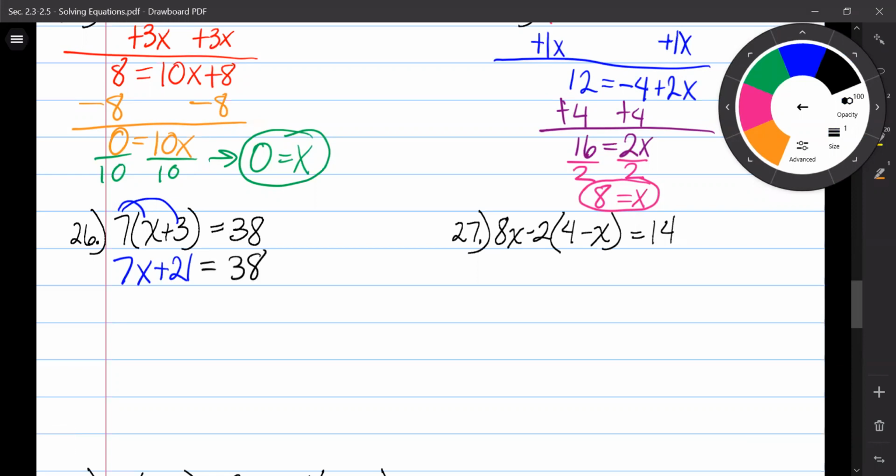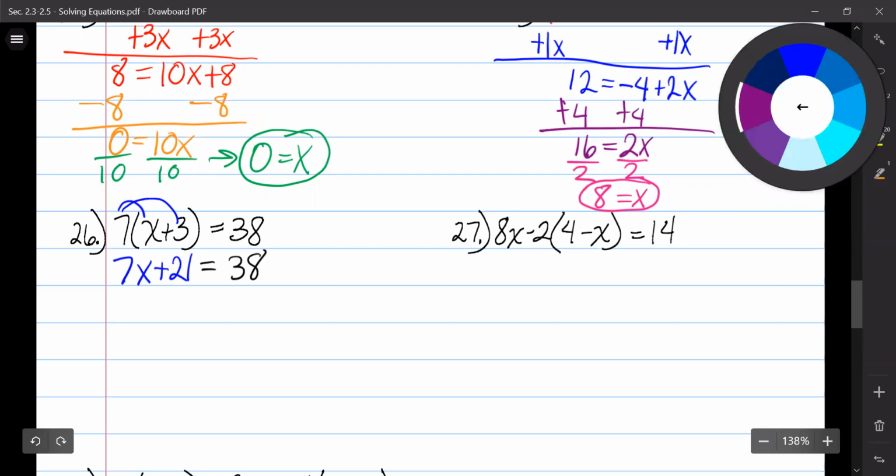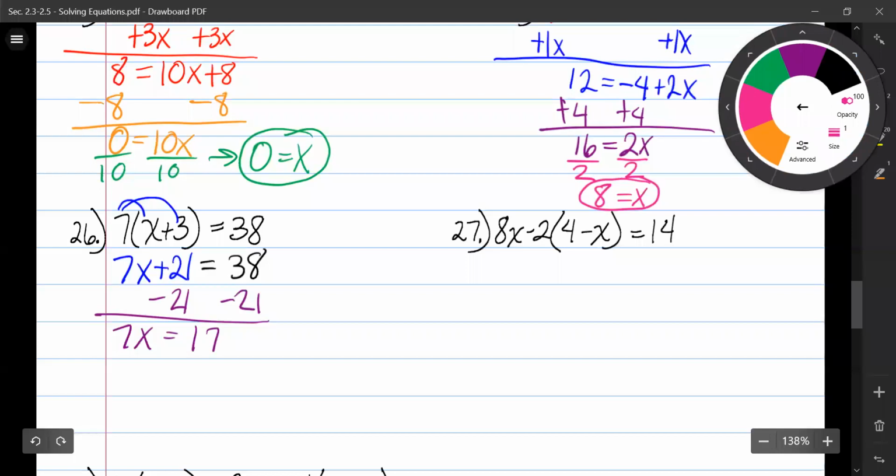And then I just need to subtract 21 from both sides. So 7x equals 17. And then just divide both sides by 7. So x equals 17 over 7. And we're just going to leave it like that.